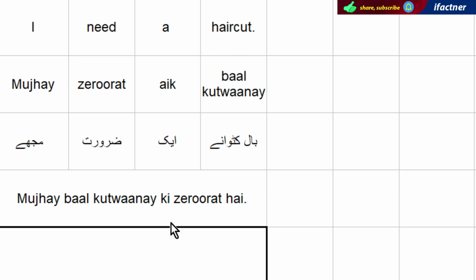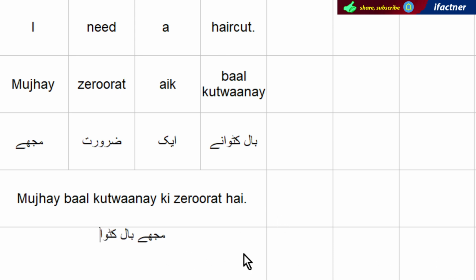Now we need to translate mujhe baal katwane ki zarurat hai. Now let's type this sentence, which can be typed as mim, jeem, he, badi ye, mujhe. Baal, be alif lam, baal. Katwane, kaf te, wow alif noon badi ye, katwane. Ki, kaf choti ye, ki. And zarurat is zwad re, zar, and wow te, zaru.